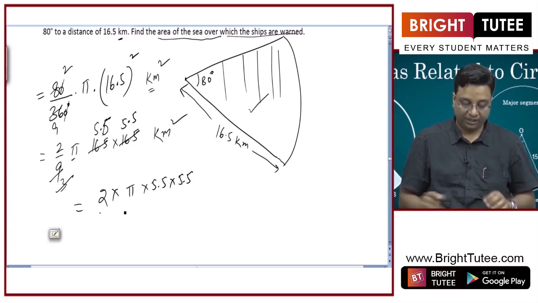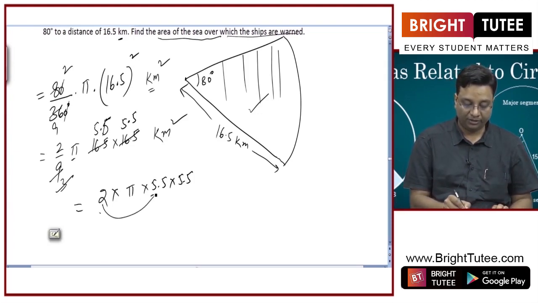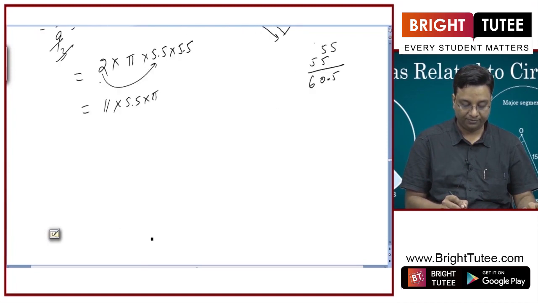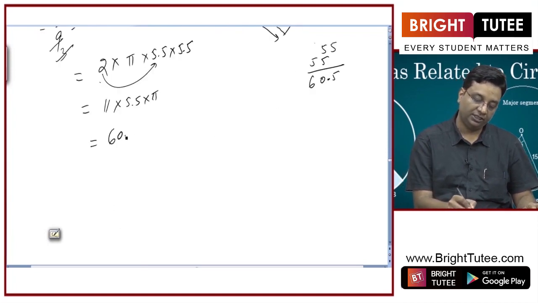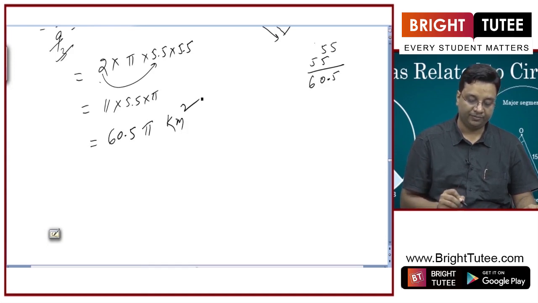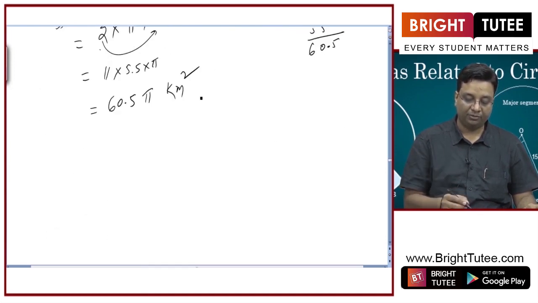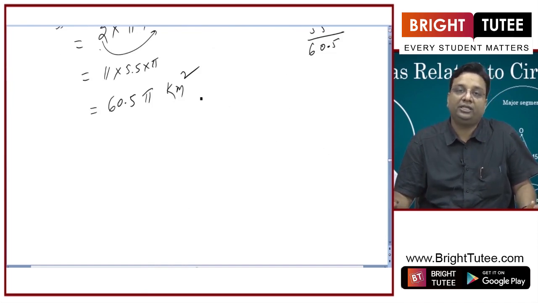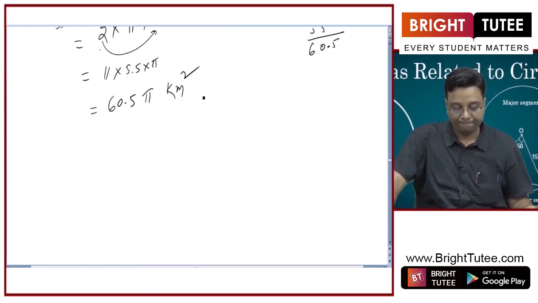This calculation is pretty simple now, because 2 into 5.5 is 11, into 5.5 into pi. 5.5 into 11 will give you 60.5. So this is equal to 60.5 pi kilometer square. Let us take pi as 3.14, then you can keep on calculating, right? I expect you to do the calculations yourself.